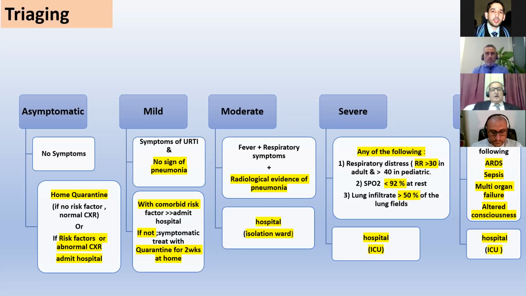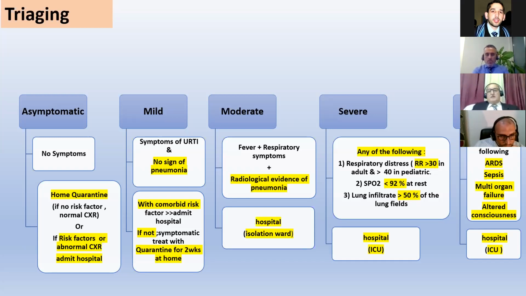And those who have high risk factors or an abnormal chest x-ray should be admitted to the hospital in an isolation ward. Again, those with mild symptoms without signs of pneumonia, if they have comorbid risk factors, also need to be hospitalized. But if they are asymptomatic, we can treat with symptomatic treatment and quarantine for 2 weeks at home.